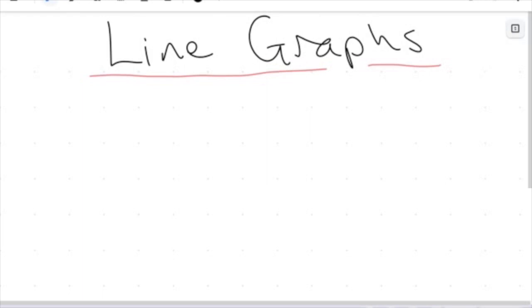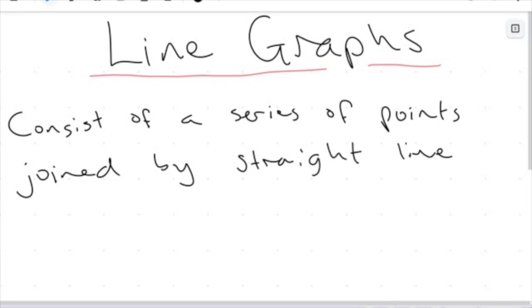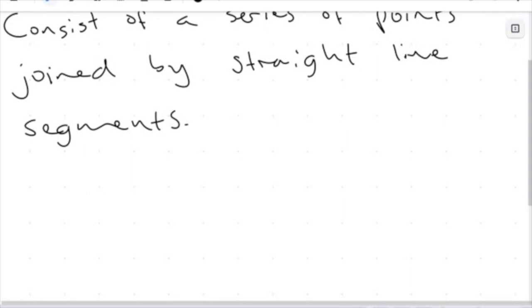Line graphs are graphs that consist of a series of points joined by straight line segments. Cool. Okay, so what does this look like?